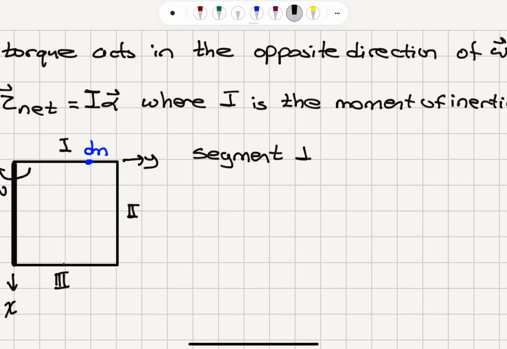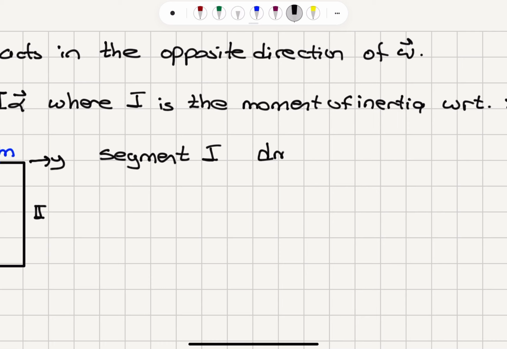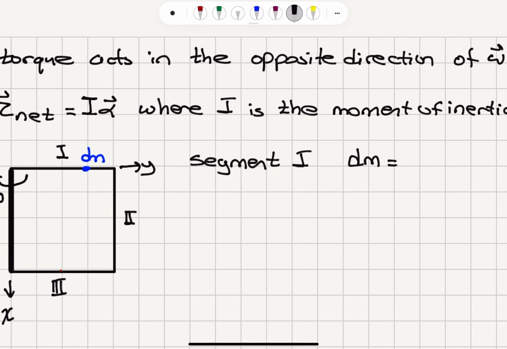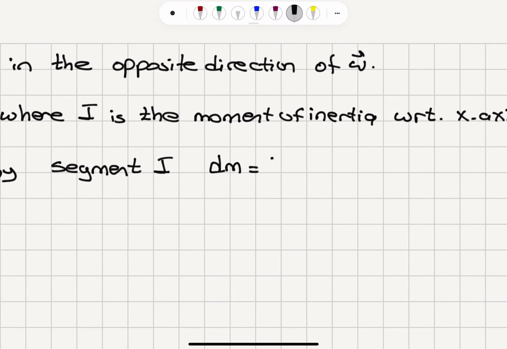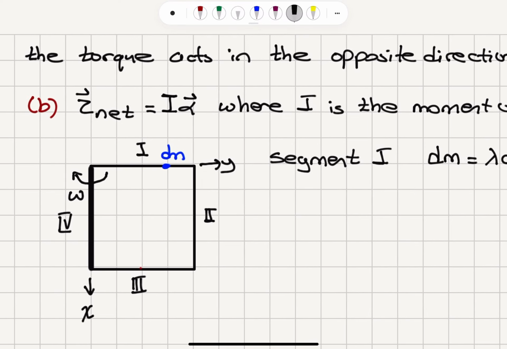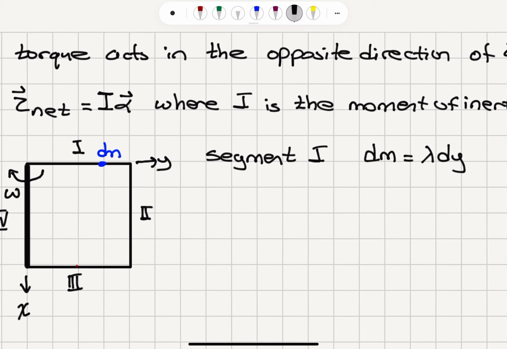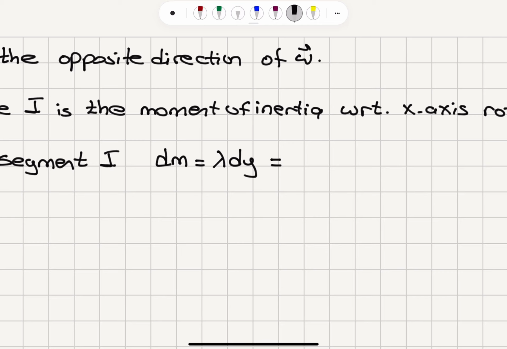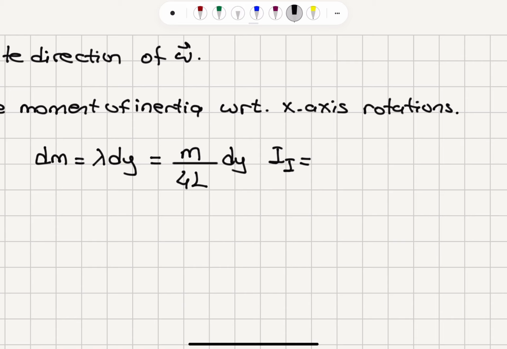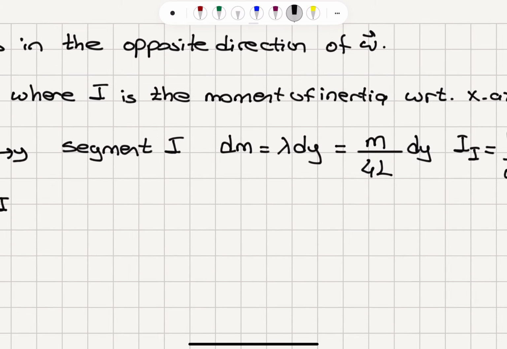For segment 1, the mass element dm has a mass which is linear mass density lambda times dy, because it's on the y-axis, and the mass density here is the total mass m divided by the total length 4L, m over 4L dy, and therefore the moment of inertia for the first segment will be the integral as y goes from 0 to L, y squared dm. It's integral r squared dm.